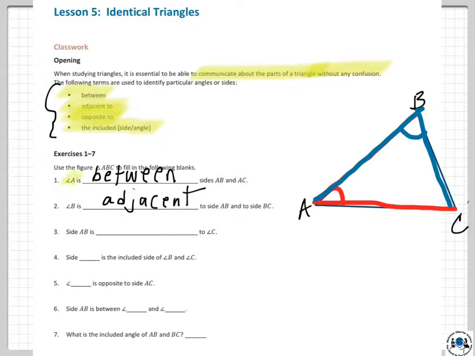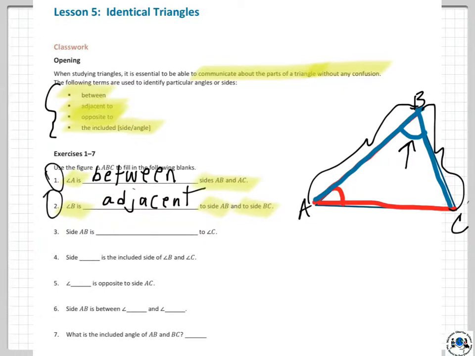Angle A up here was between sides AB and AC, both of those at the same time. But now we're saying angle B is adjacent to side AB and to side BC separately, okay? As it stands, it is adjacent to BC, and it is also adjacent to AB.